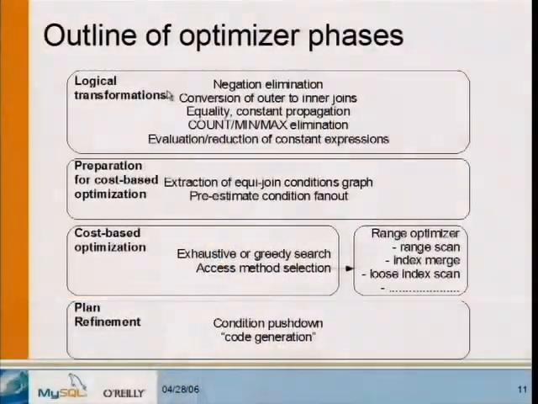The optimizer has 4 general phases. We begin with a number of logical transformations, where we do traditional things like negation elimination, conversion of outer to inner joins, and equality and constant propagation.